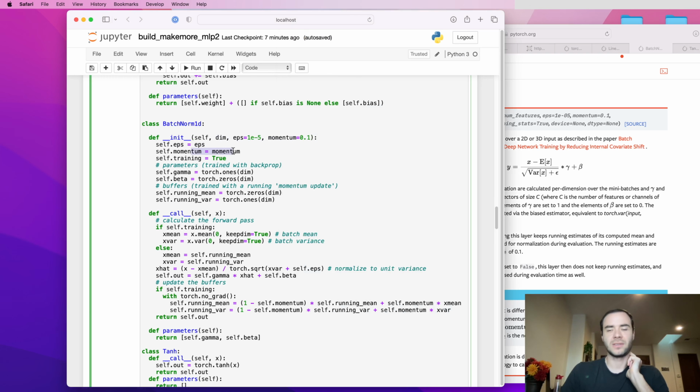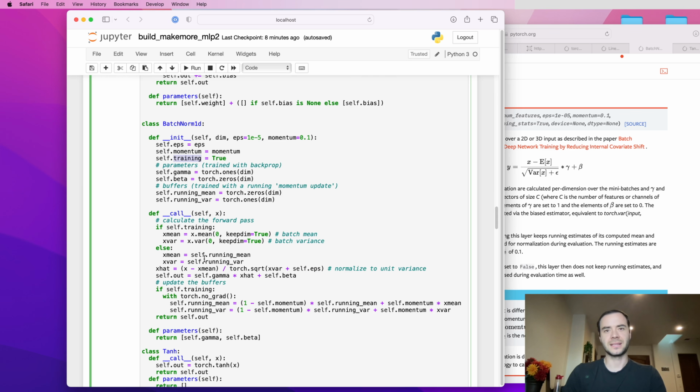So first, I'm just saving them. Now here's something new. There's a .training, which by default is true. PyTorch nn modules also have this attribute, .training. That's because many modules, and BatchNorm is included in that, have a different behavior whether you are training your neural net or whether you are running it in an evaluation mode and calculating your evaluation loss or using it for inference on some test examples.